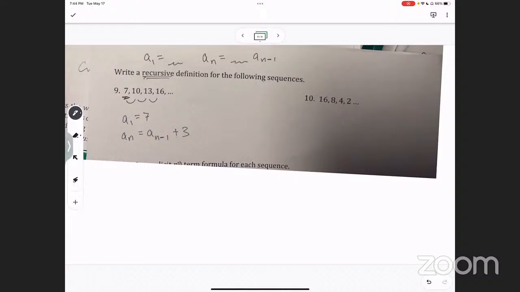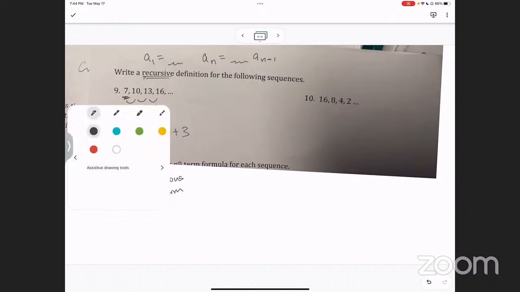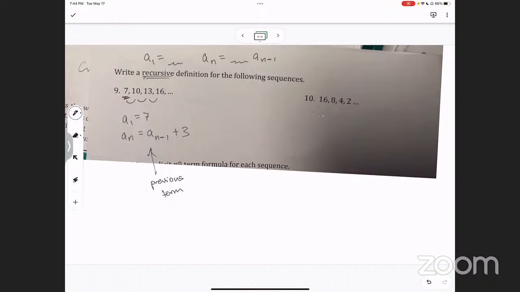Oh, so you have to just write the a(n minus 1) and then whatever it is? Yeah, this basically means the previous term. Okay, so this is easy enough then. So the next one would be a sub n equals a(n minus 1) divided by 2. So start with a sub 1. What's a sub 1? 16.